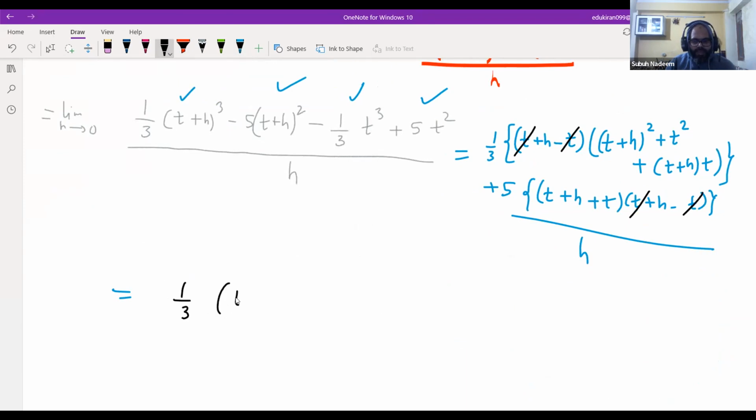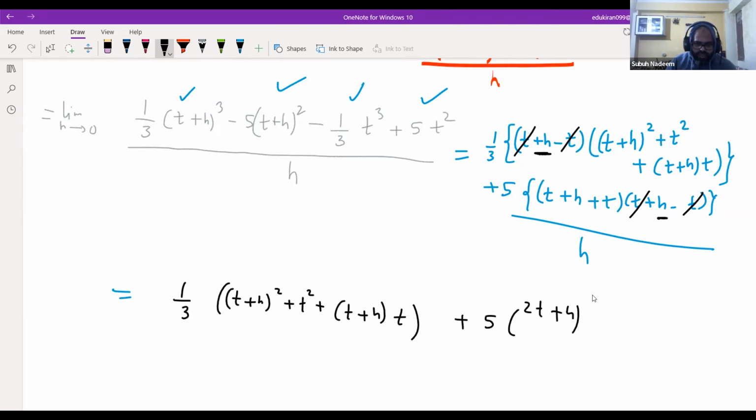And we get 1 by 3. In this bracket, (t plus h) whole square plus t square plus (t plus h) into t. Here we get 5 into (2t plus h). This we are getting into h is there. H is here also, here also. So this h will simply come outside. And by h is also there.